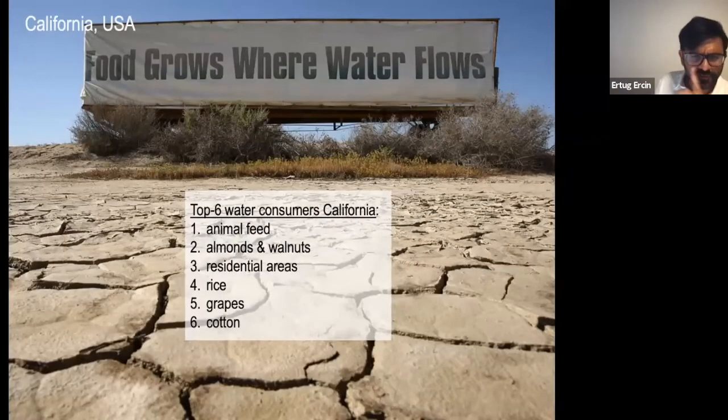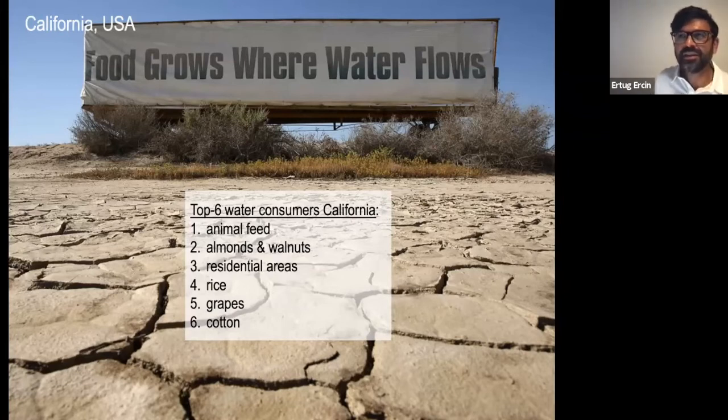What are the top 6 consumed water footprints, the largest water footprints, in California? Of course, it is food and beverage, the animal feed, almonds, and residential areas. This is interesting because normally you don't see that anywhere else in the world: the urban residential water use is as large as the agricultural water use.